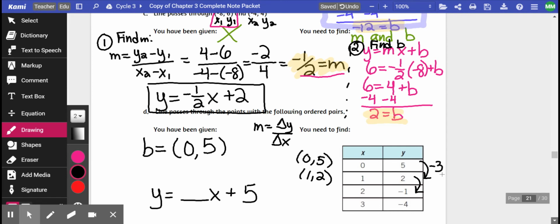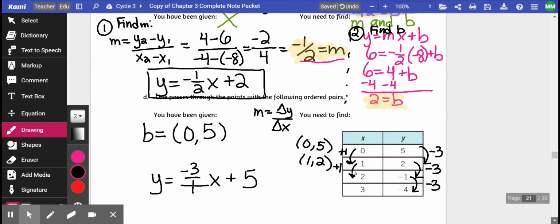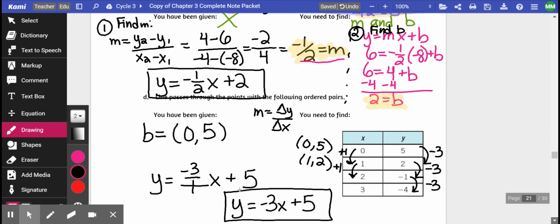So we're going down 3, and then we're going to go up 1. So this is negative 3 over 1, or negative 3. So I'm just going to write it as y equals negative 3x plus 5.